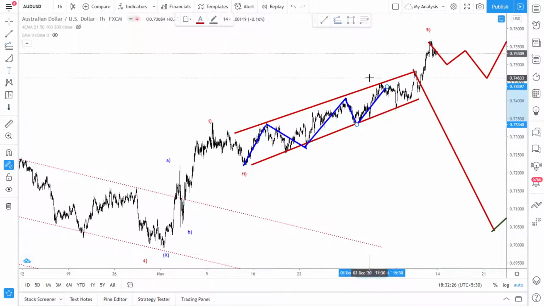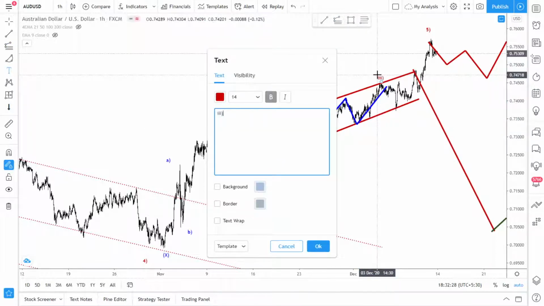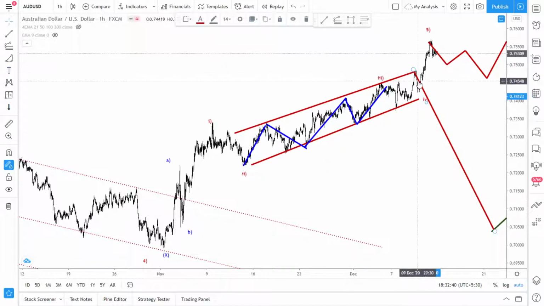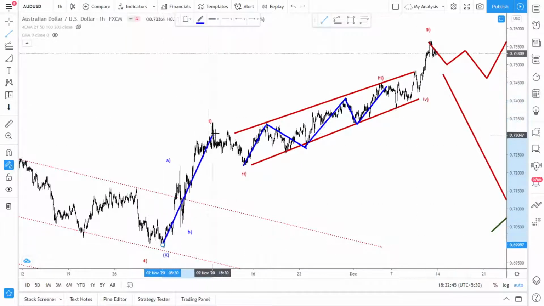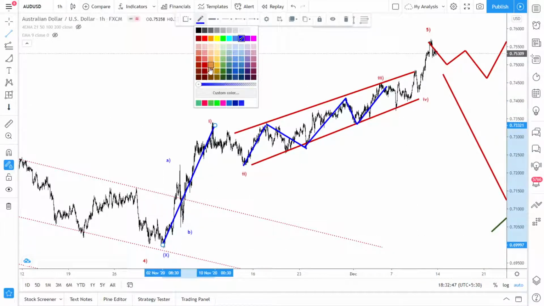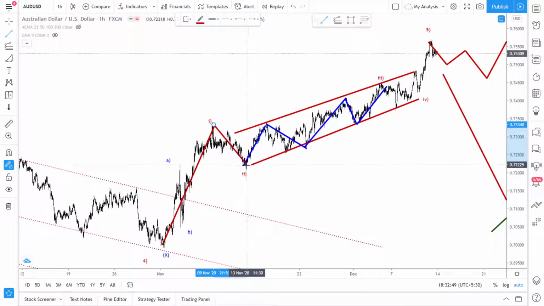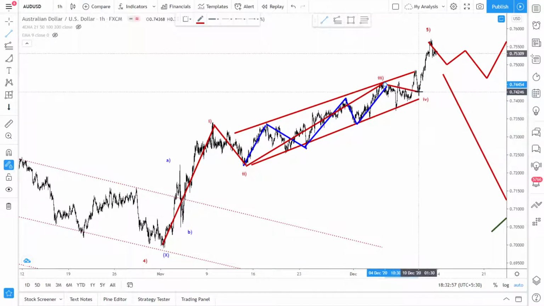So in that the third wave is completed, and ABC, A, B and C. So here is the fourth wave in the running flat, and in that case we will make this a red color. So blue is also a 1, 2, the whole thing is a 3, and 4 is completed, and 5 is already completed.